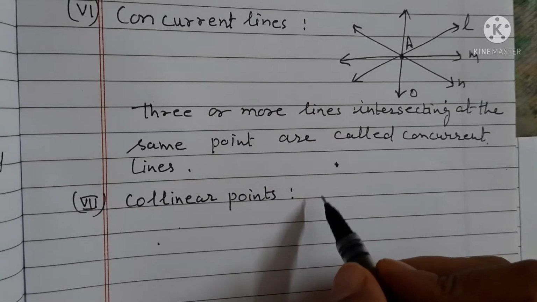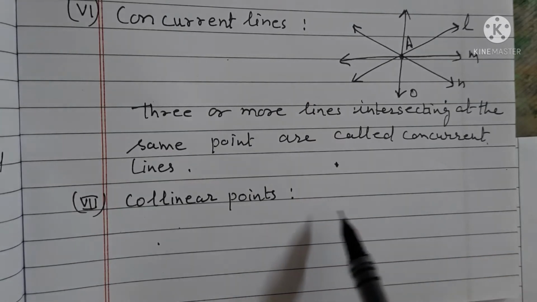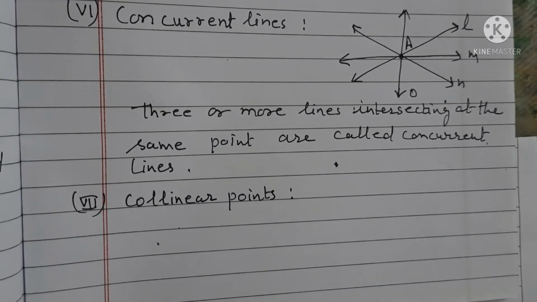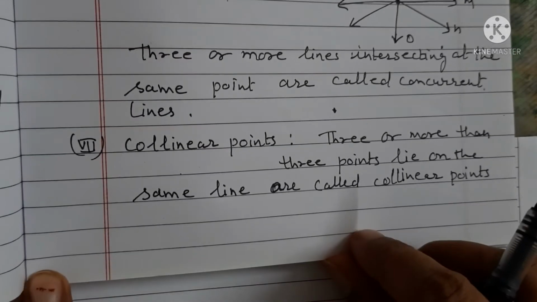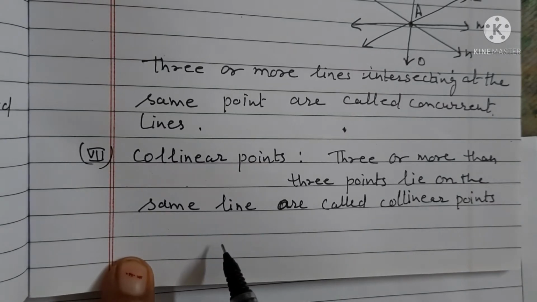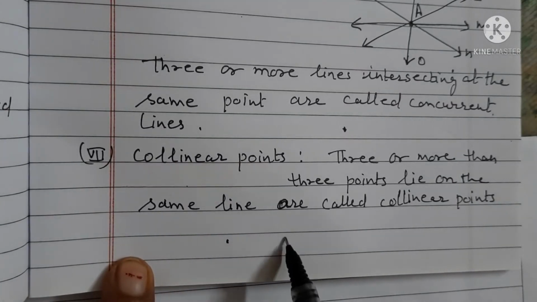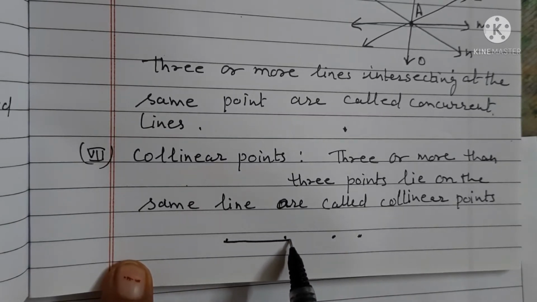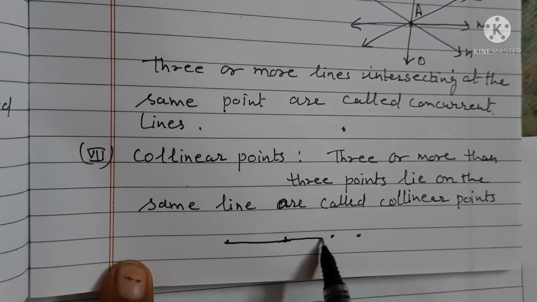Collinear points. 3 or more than 3 points lying on the same line are called collinear points. Now look at the figure. Suppose these are the points A, B, C, D, and all these points lie on the same line.